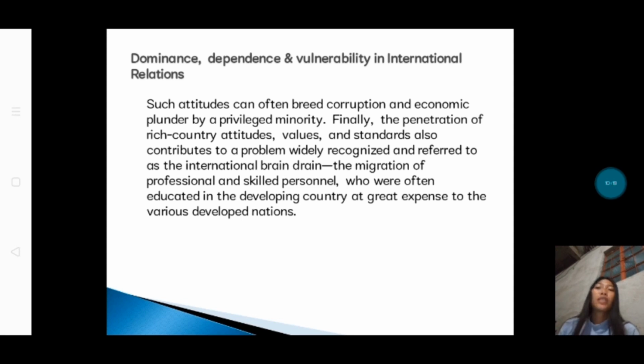So, what is international brain drain? It is the migration of professional and skilled personnel who were often educated in the developing country at great expense to the various developed nations.